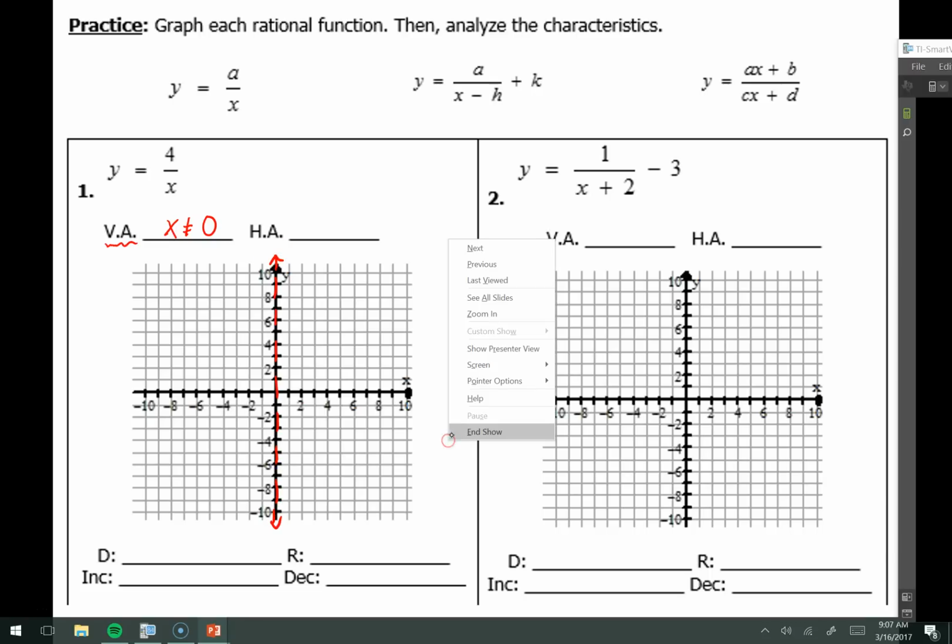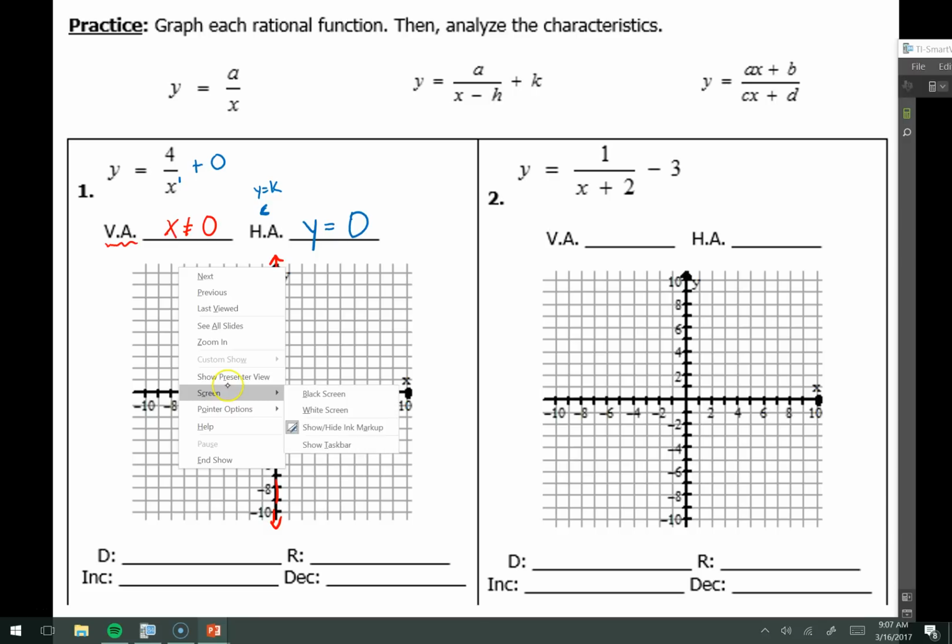And then when I look at my horizontal asymptotes, I am asking myself, what about the degree? The degree of this one, the numerator is bigger, so that's a less than, which means y is equal to whatever k is. There's no number being added out on the front, so that means that y is equal to 0.